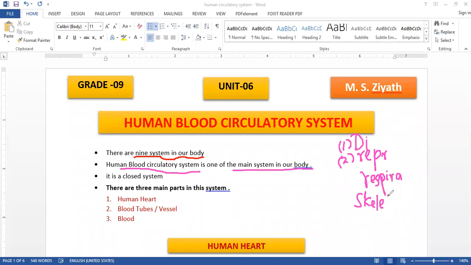And also you have the nervous system, your body's nervous system. There are about 9 different types of system, but among these 9 systems, in this chapter we're going to discuss the human blood circulatory system.